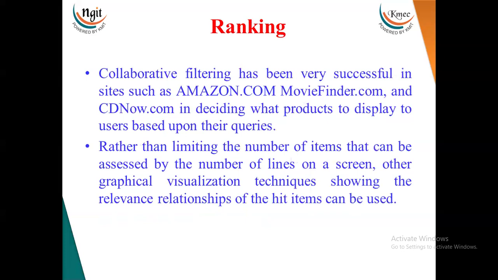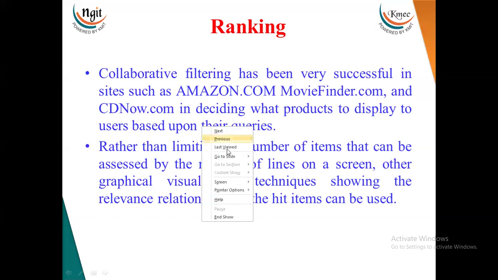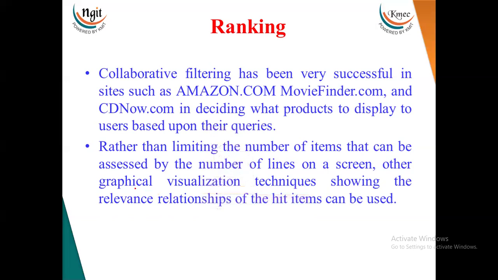Collaborative filtering was very successful in Amazon.com, moviefinder.com and cdnow.com. So this is done according to ranking plus collaborative filtering: after the ranking has been done, filtering is done based on the ranked items. It can also be used in graphical user interfaces, where you can add graphical visualization techniques which show the relationship between hit items.